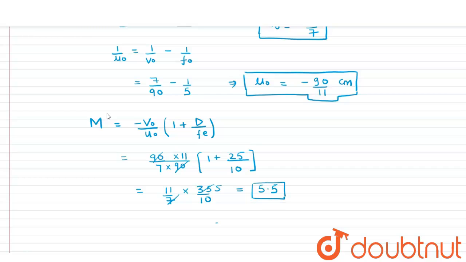Now 0.22 divided by 5.5, so now we are able to see 0.04 mm of separation of the object. This is our final answer.